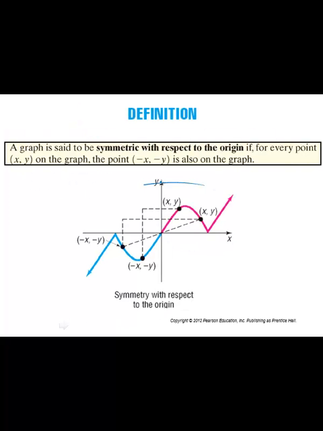You could also have symmetry with respect to the origin, which basically means that if you have some point with coordinates x comma y on the graph, then the point negative x comma negative y will also be on the graph, and the graph will be symmetric with respect to the origin.